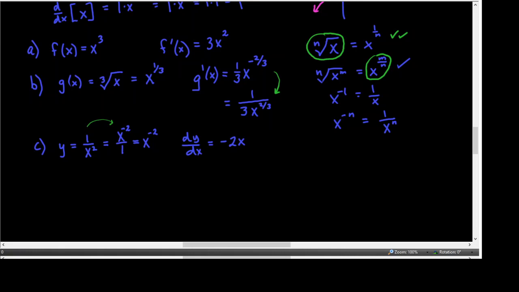Negative 2 minus 1 is negative 3, not negative 1. So be very careful about that. Then simplifying this, and again, that answer would be good for some of the things we're going to do, but simplifying this, the power of x can be brought down to the denominator to get rid of that negative sign on the power. And so that would be our final answer.